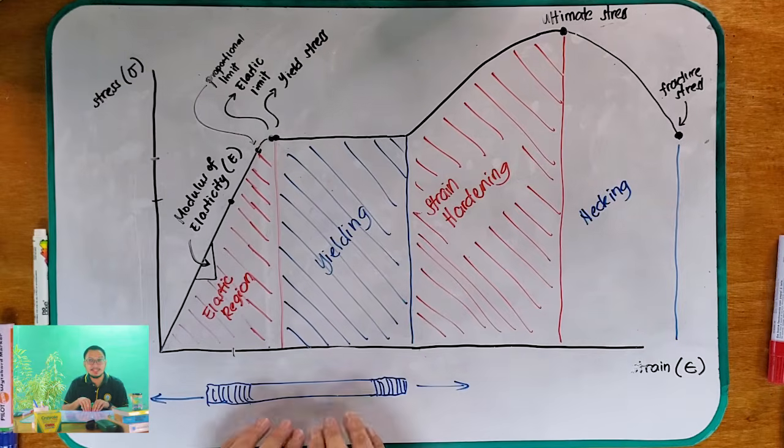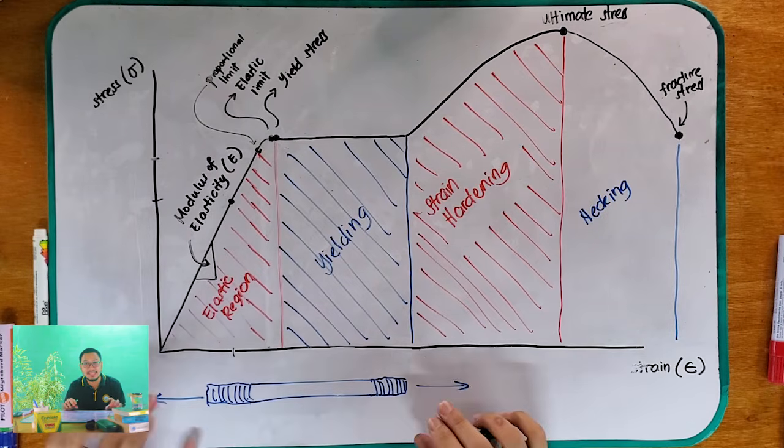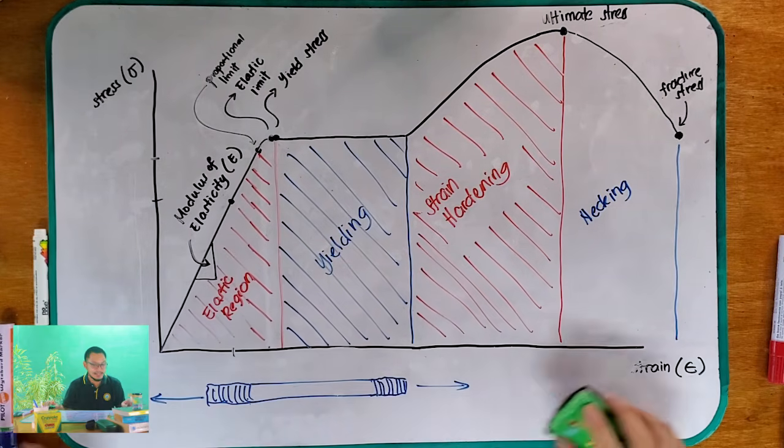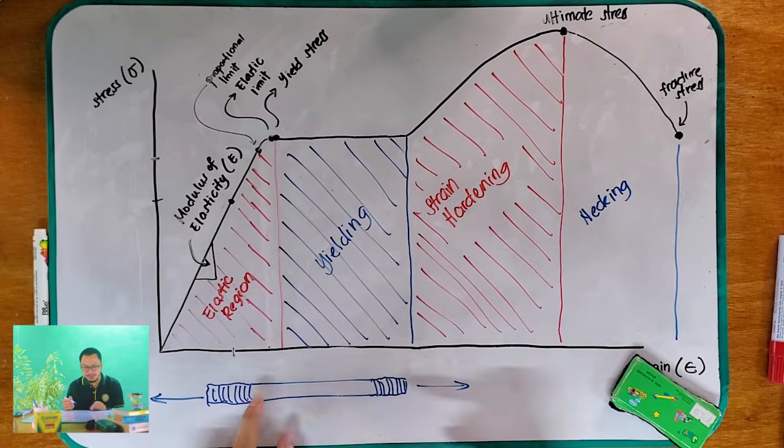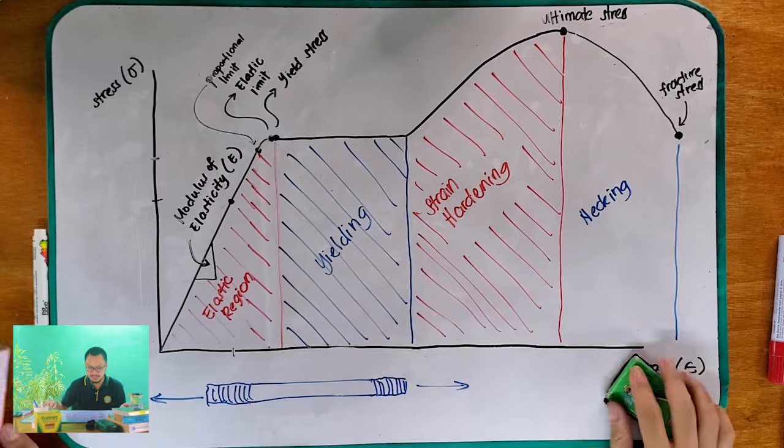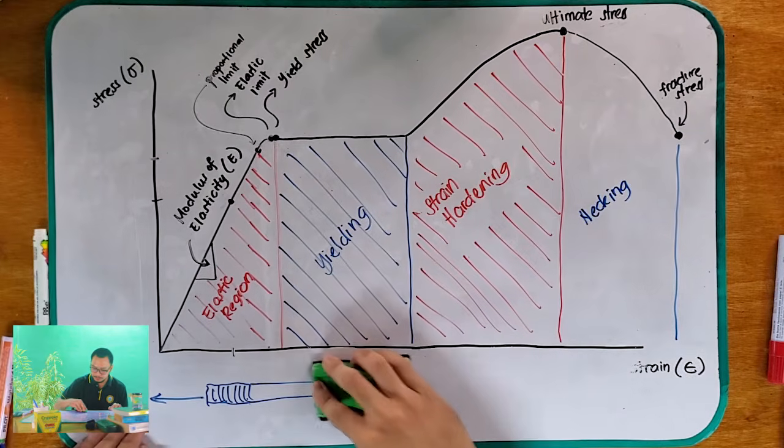Ang pasabot sa necking, kani nga specimen diri, once sige pa siya og kainat, there will come a time nga naay localized nga region or part sa atong specimen nga munipis. Okay?